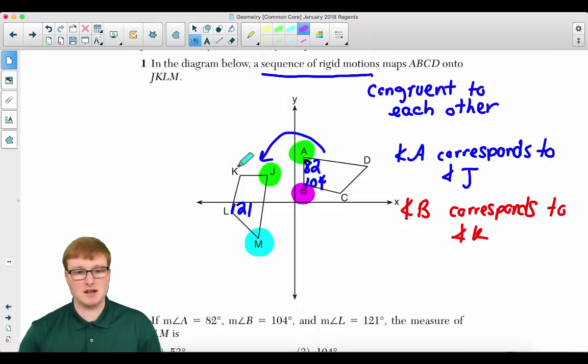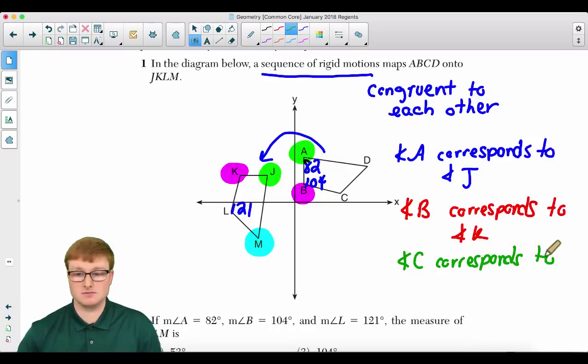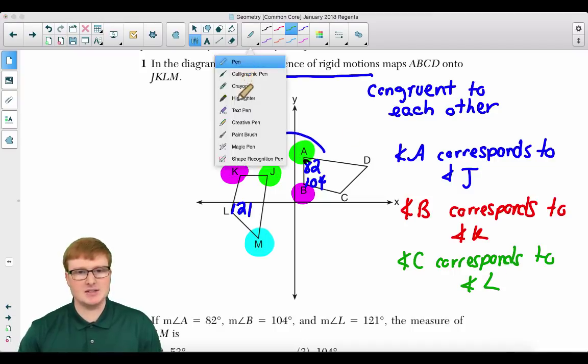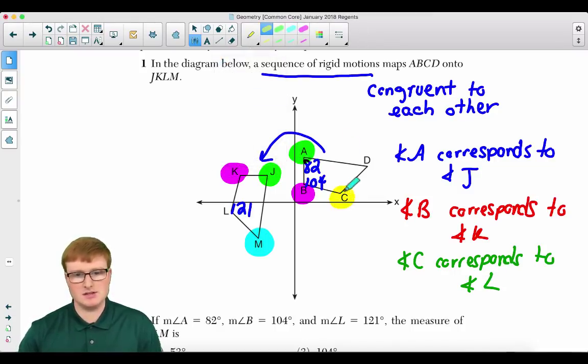Now we also know that angle C corresponds to angle L. Sorry, not angle F, angle L. So C corresponds to L.